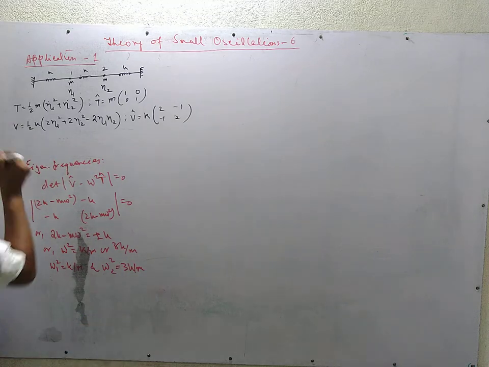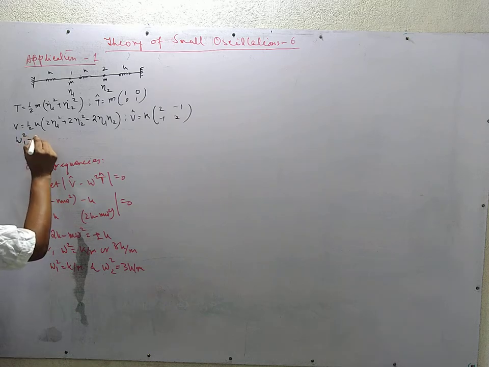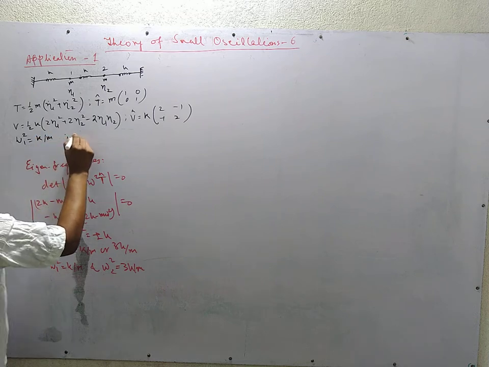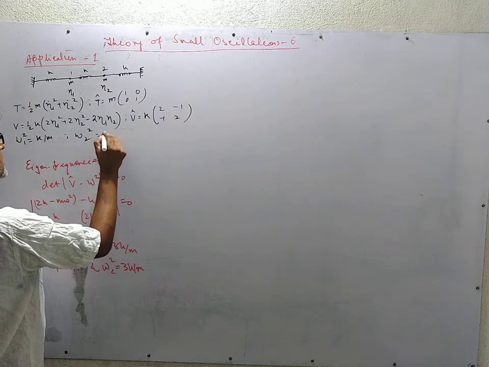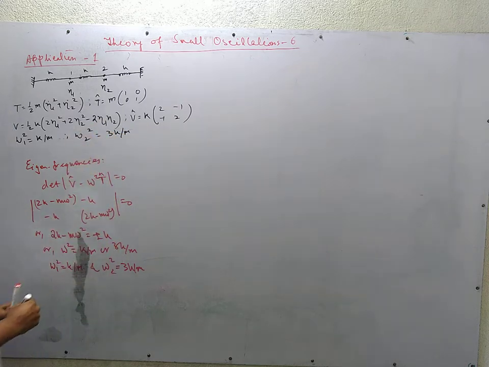Next, the eigenfrequencies: omega 1 square is equal to k by m, omega 2 square is equal to 3k by m. Then our aim is to find the eigenvectors.